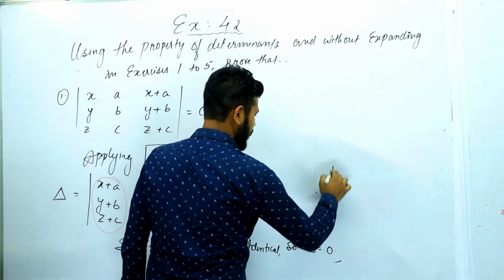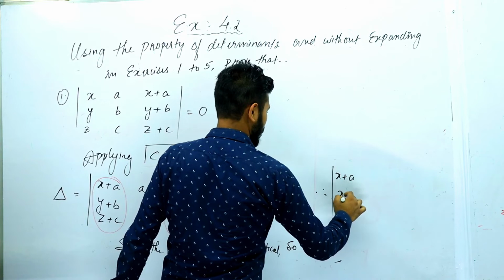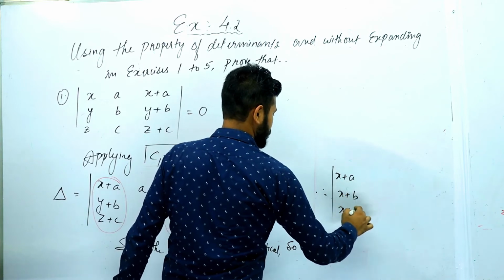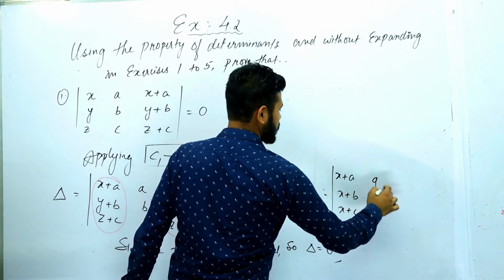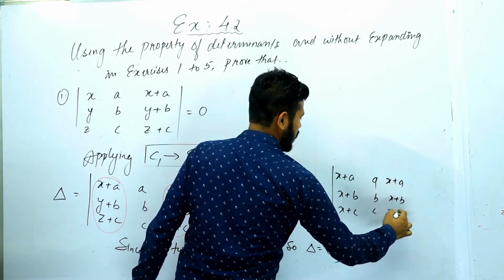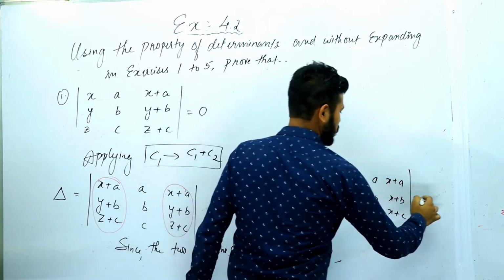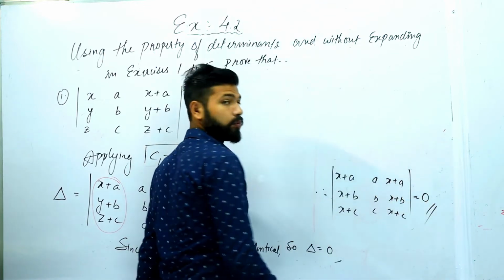Therefore I can say that the determinant with columns x plus a, a, x plus a; x plus b, b, x plus b; x plus c, c, x plus c is equal to 0. That is proved.